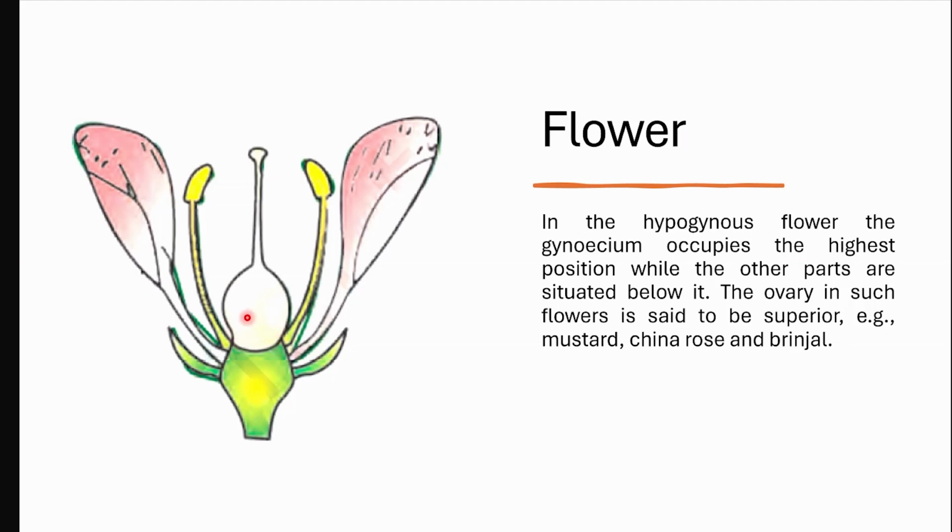But in the middle, at the topmost area, it is the gynoecium, while the other parts are situated below it. We have seen that just now. So the ovary is said to be superior. Examples of a hypogynous flower are seen in brinjal, China rose, and mustard. So these are three examples of hypogynous flowers.